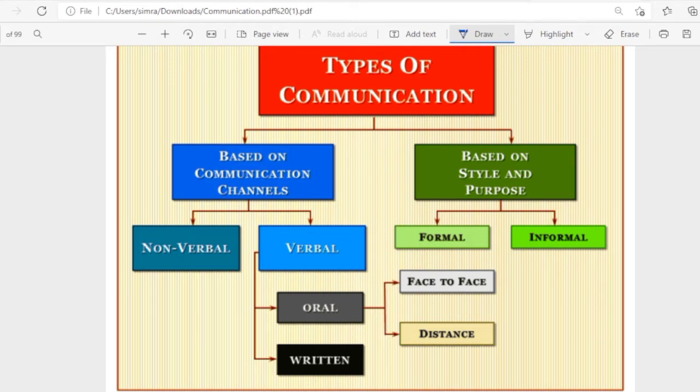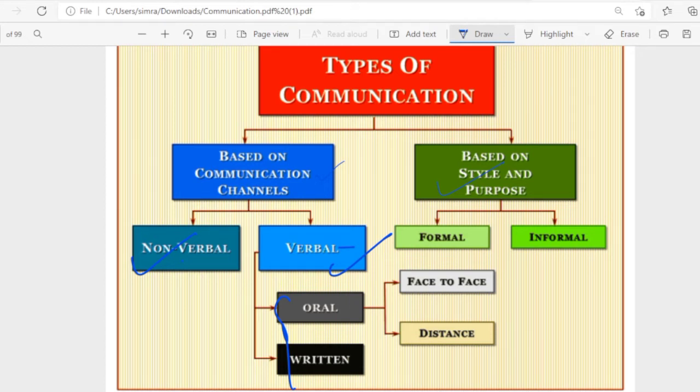Here is another chart. Here they have bifurcated based on communication channel, style and purpose. As per the different communication channels, it is presented as non-verbal, verbal. In verbal we have oral, written. Similarly on style and purpose, it means formal or informal.